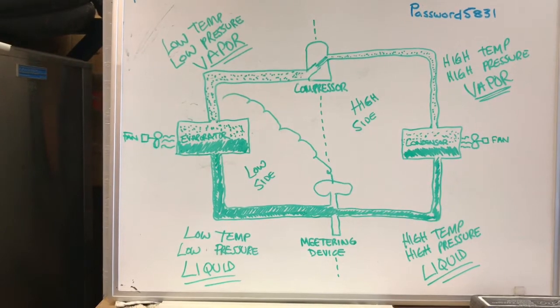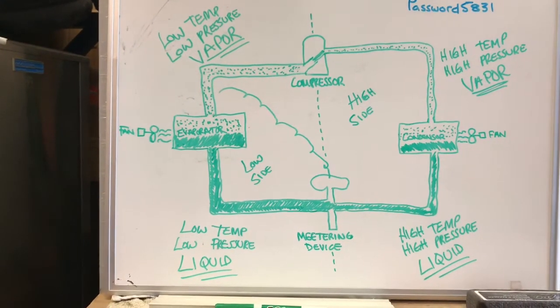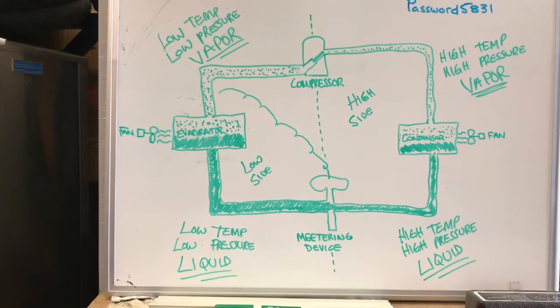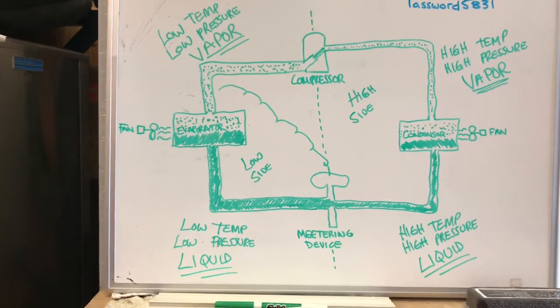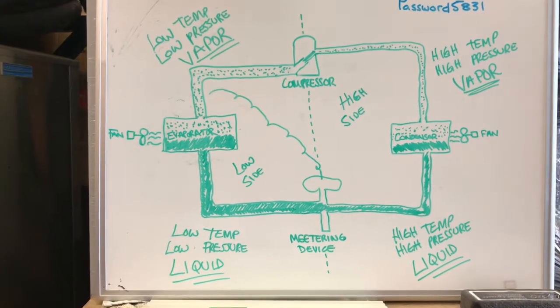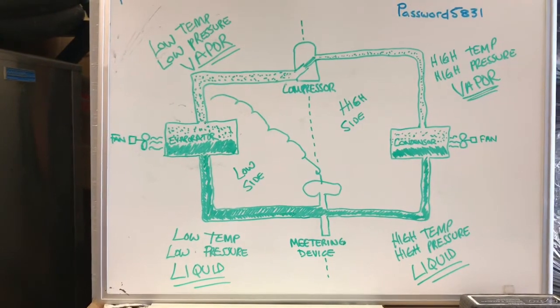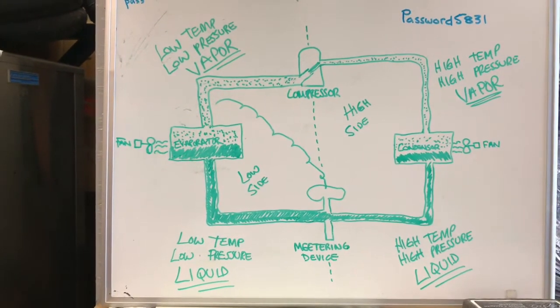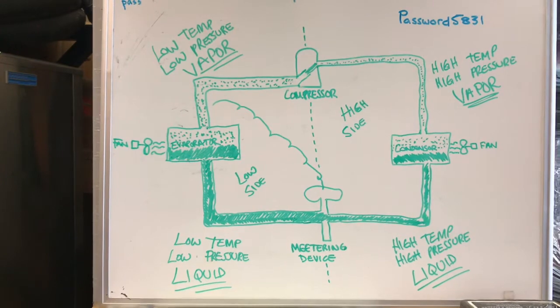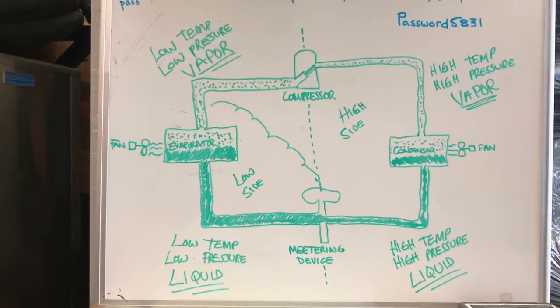So whereas the compressor increases the pressure, the metering device lowers the pressure so that we have a low temperature, low pressure liquid, because whenever we lower pressure, we lower temperature. And then we go back into our evaporator where we pick up the heat and we turn our liquid refrigerant into vapor, making it a low temperature, low pressure vapor.